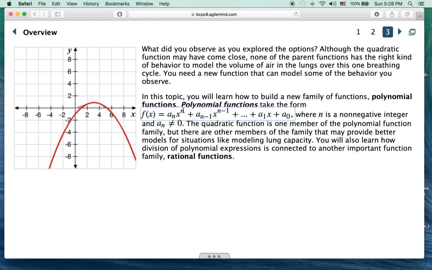But here we have increasing orders of x. The degree of the leading term is the most important feature of a polynomial. Okay, so this is a generalized expression for any old function. Okay, we'll elaborate on this in another video.